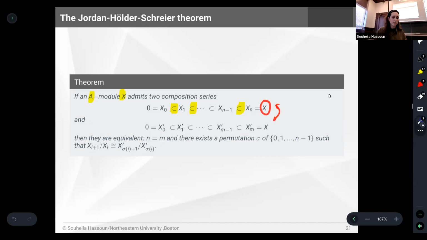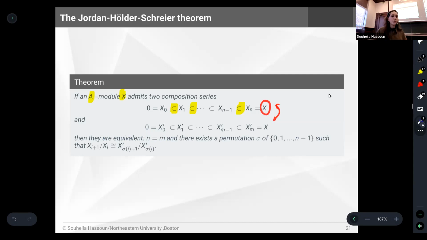This is the theorem in the abelian case, which allows us to define a length function, because the length here will be the same, which gives us a number. Using this number we can define a well-defined length function. This is how the length function is defined on abelian groups or modules.